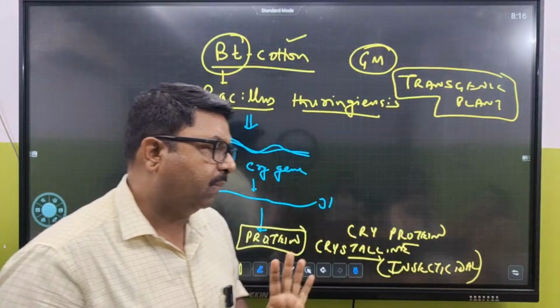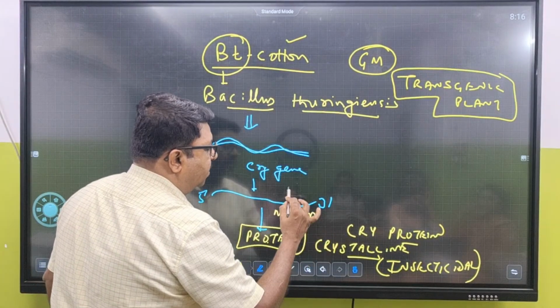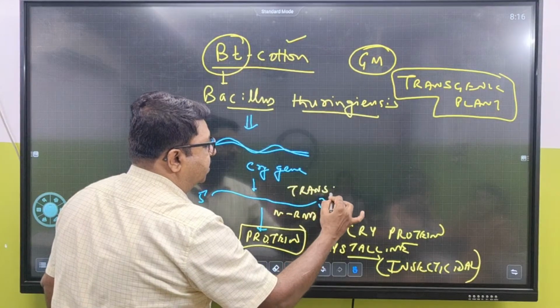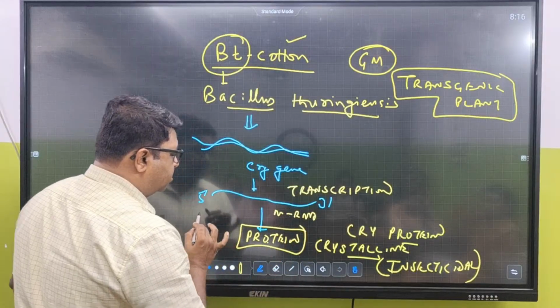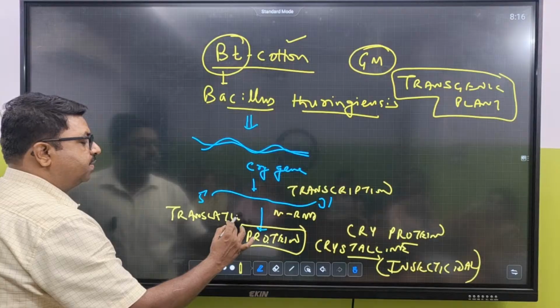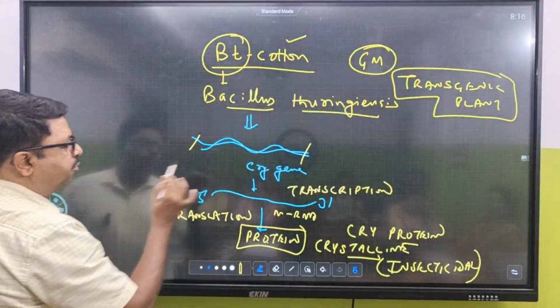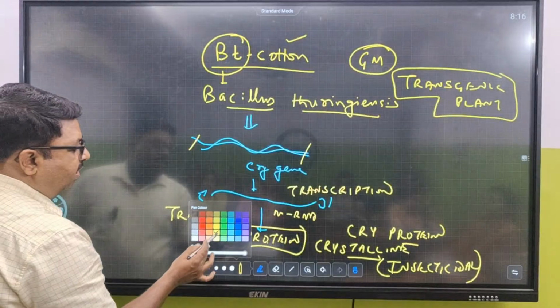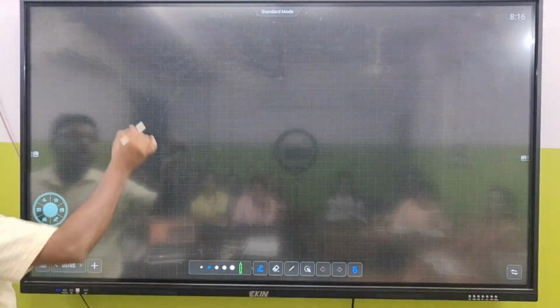Now, the process by which the cry gene makes mRNA is called transcription. The process by which mRNA makes protein is called translation. Now, this Bt gene is introduced inside the cotton plant.